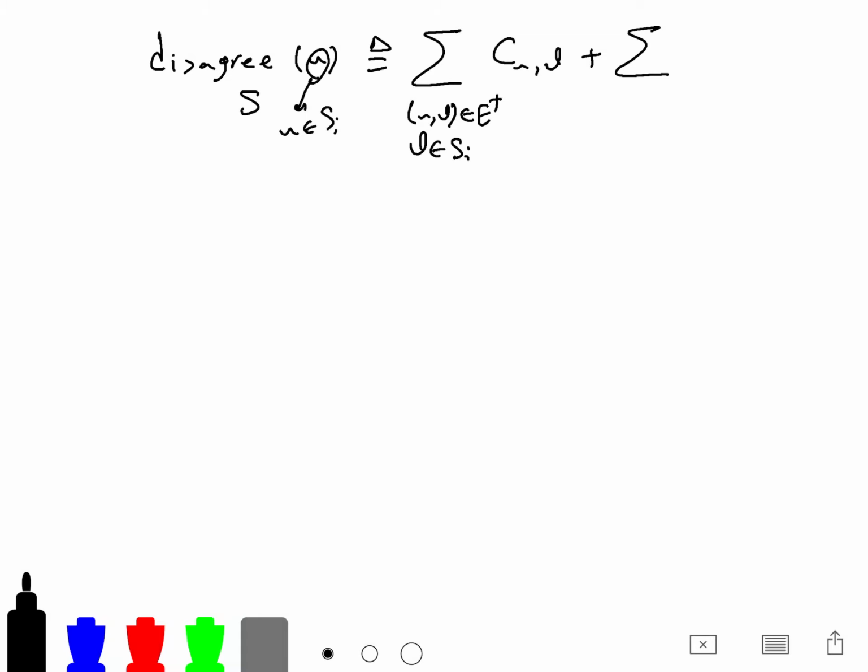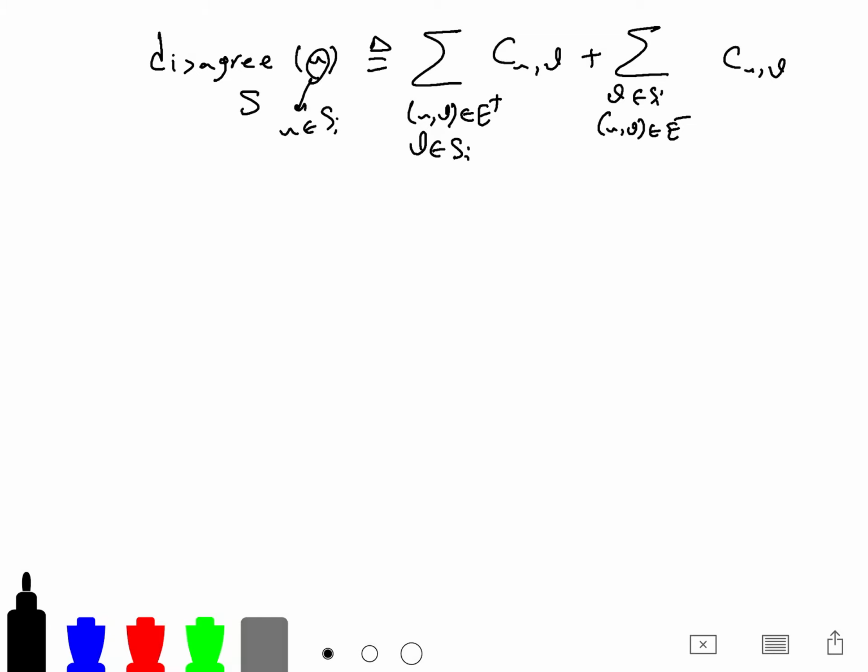By the way, you assume that u is in Si. And v is in Si such that u and v is a negative label, c of u and v. And it is an NP-hard problem in general, so we want to somehow approximate it.